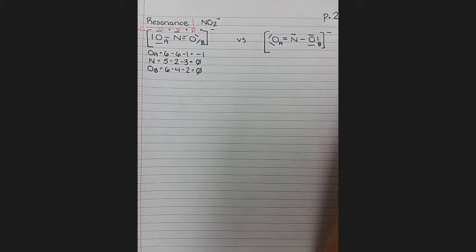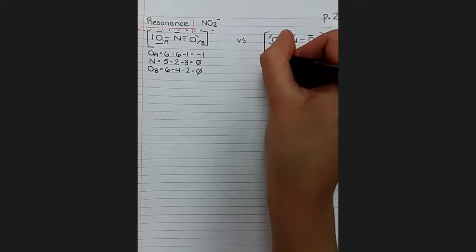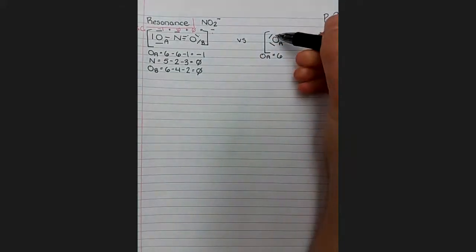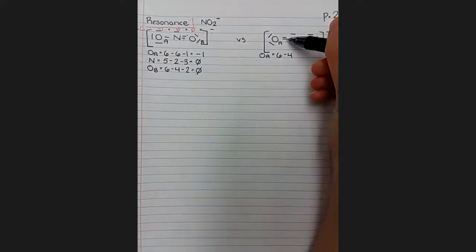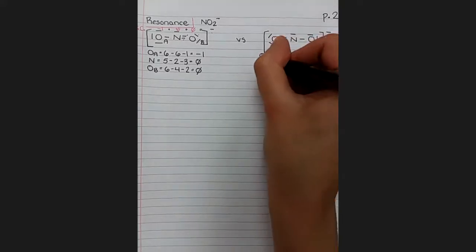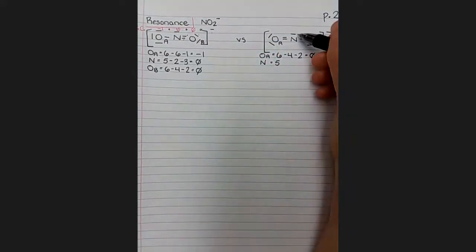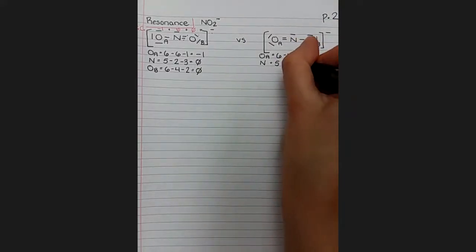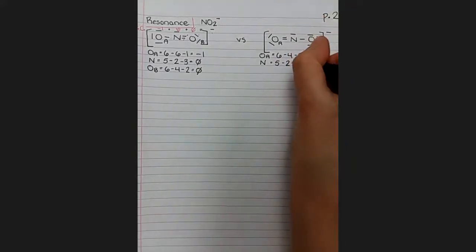We'll call the left one oxygen A and the right one oxygen B. So oxygen A has 6 electrons. It has 4 lone pair electrons. It has 2 bonds. So it has a formal charge of 0. The nitrogen, we start with 5 valence electrons. We subtract out 2 lone pair electrons and 3 bonds.